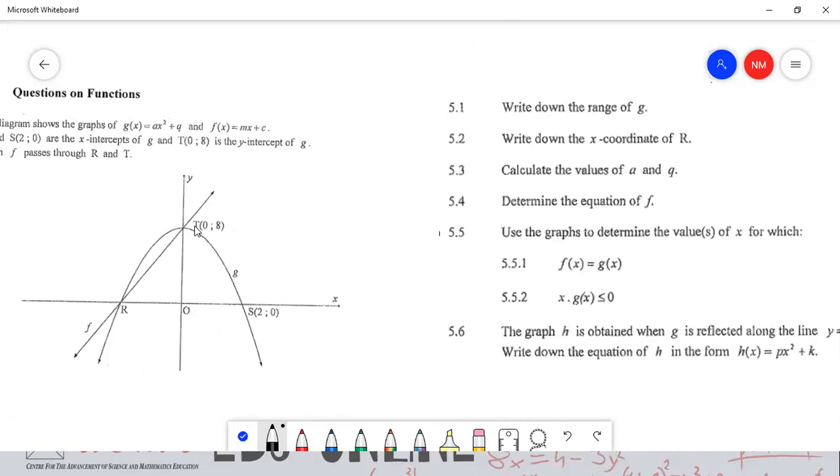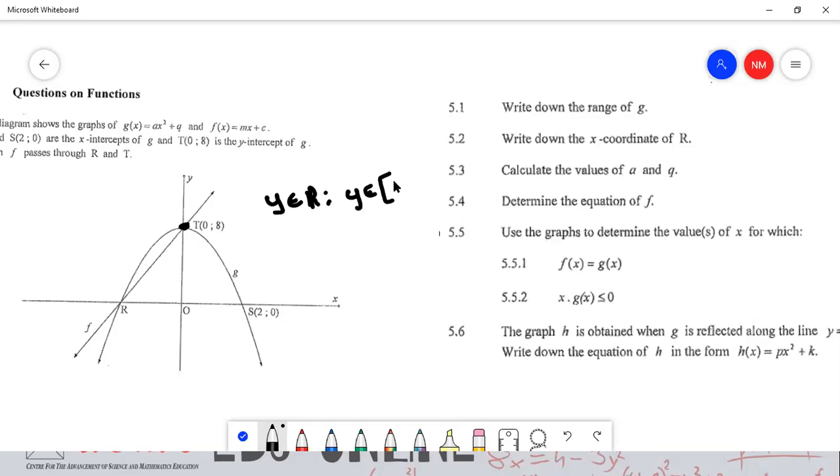The range, from this point downward, so it will be y is an element of the real numbers such that y is less than or equal to 8. Starting from 8, all the values from 8 down to negative infinity.